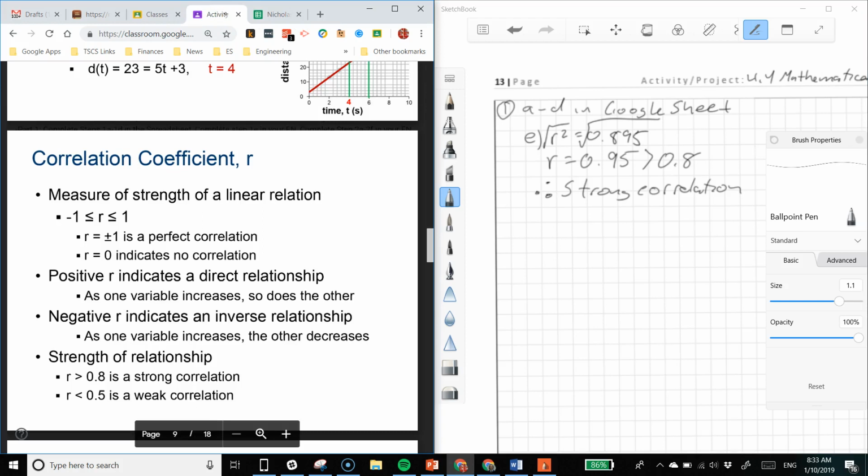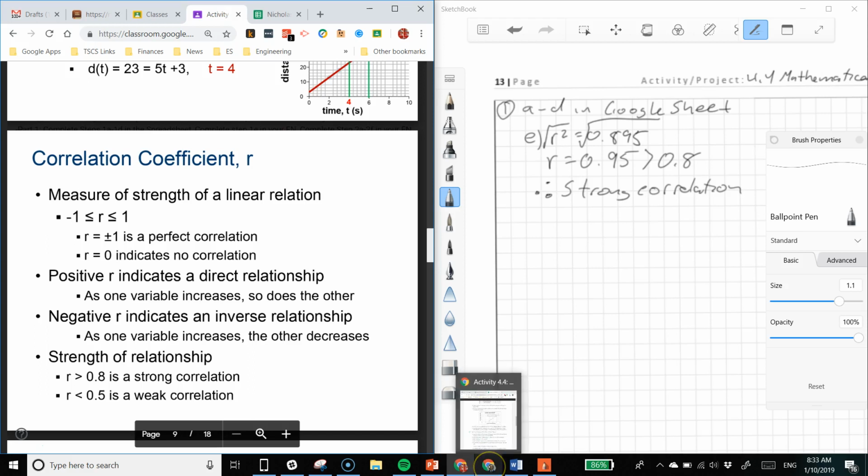Referencing back to this slide here, if it had been R less than 0.5, I would have said a weak correlation. If it had been R anywhere between 0.5 and 0.8, I would have said a moderate correlation, or neither strong nor weak, something like that.